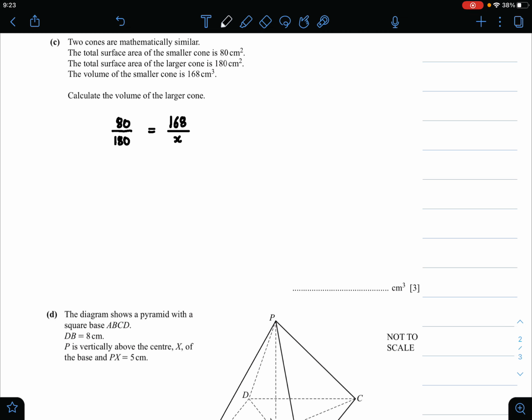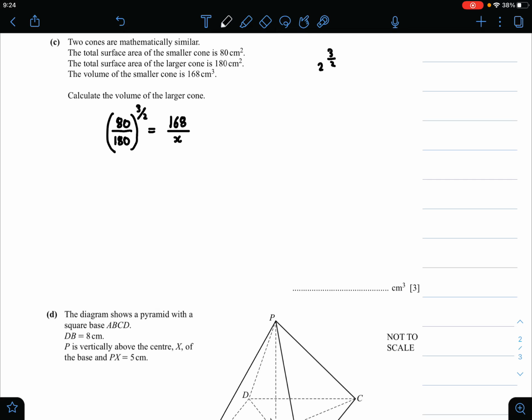Now, the unit of surface area would be centimeter square, and the unit of volume would be centimeter cube. To bring them to the same unit, we raise the surface area to the index of 3 by 2, because centimeter square is raised to 3 by 2.